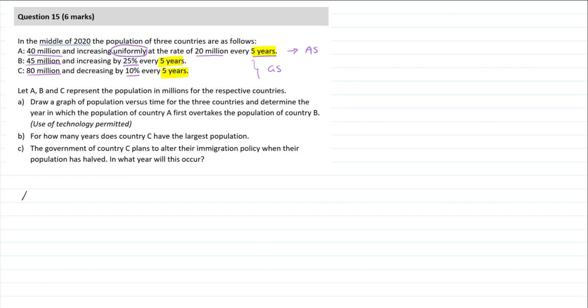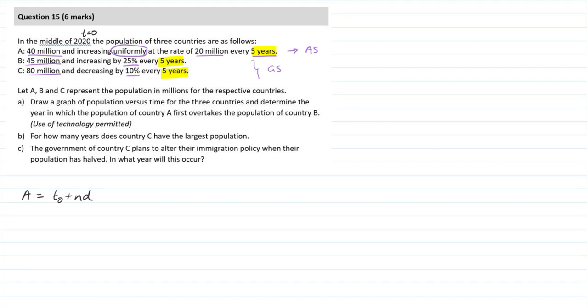So for A, I can see that this is equal to term 1 plus nd. So you notice here that I'm not using the n minus 1, I'm using the n. If I go back to the context, if n is 1, in fact I'm going to call this term 0. So the first term is term 0, that's at time 0, which is going to be 2020.